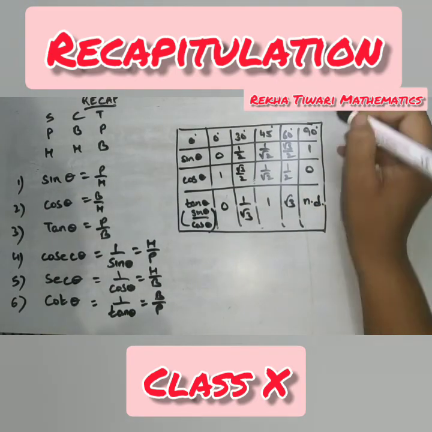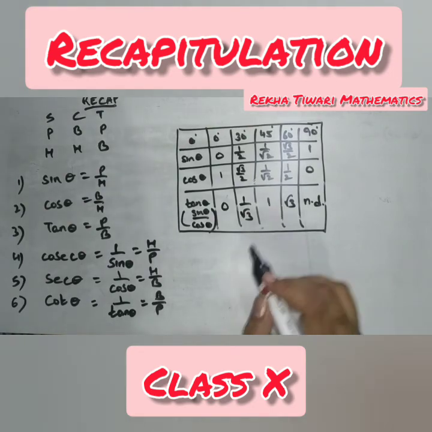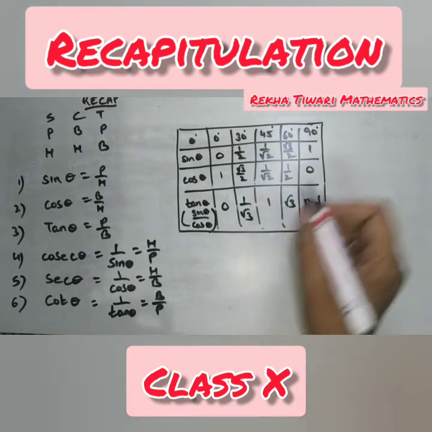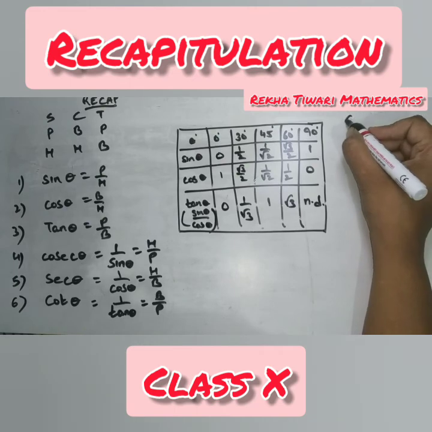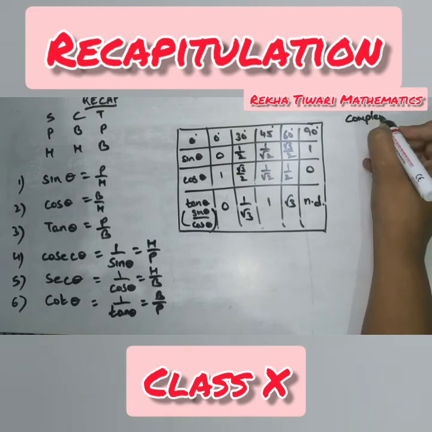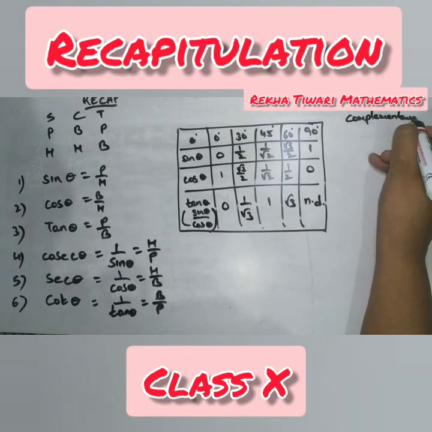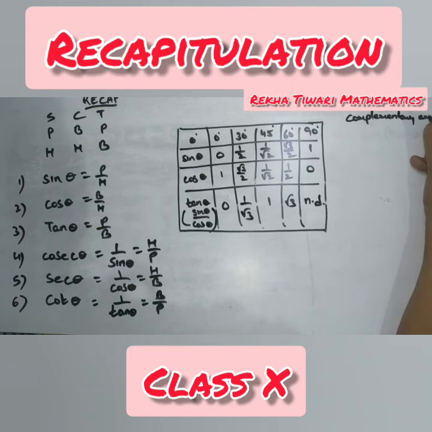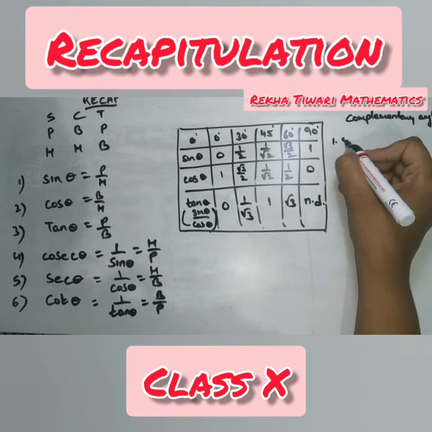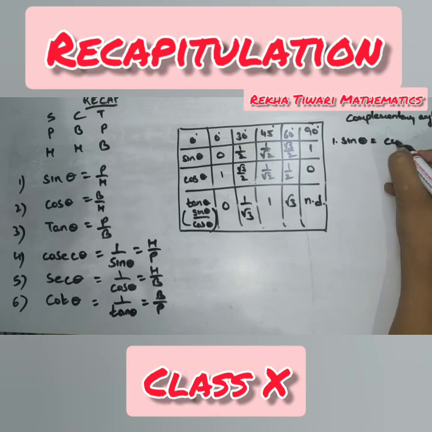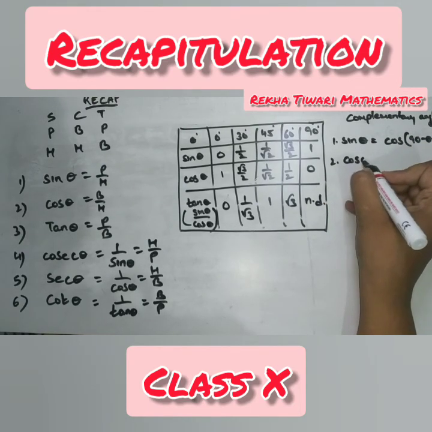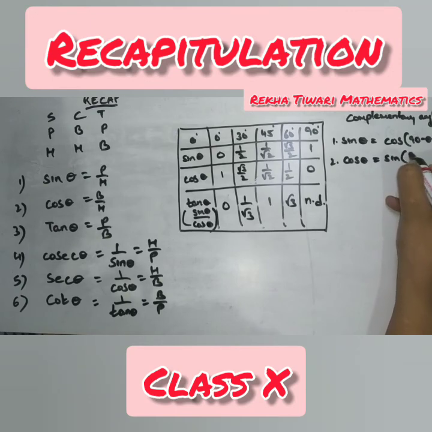And just now what we have finished? We have finished the complementary angles. And complementary angles means, just now I have told you that angles whose sum is 90 degree. So here first thing is sin theta is equal to cos (90 minus theta). Then cos theta is equal to sin (90 minus theta).